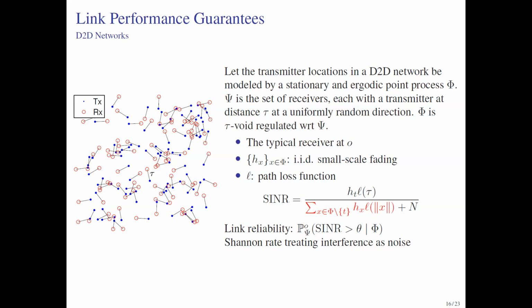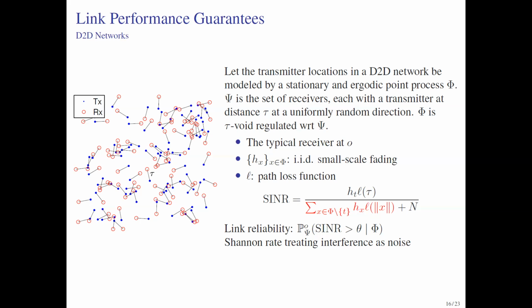And we look at the typical receiver at the origin. We use this h of x again to denote i.i.d. small scale fading. And now this function L represents the path loss function. So if you take the transmitter and the receiver pair, the path loss is a function of the distance between them.